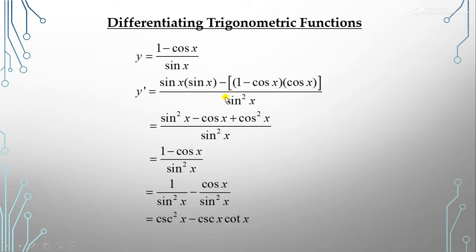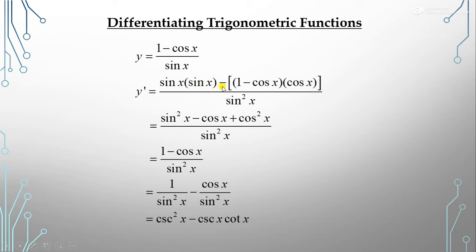The denominator is squared, so it becomes sin square x, and in the numerator, the denominator as it is, sin x, times the differentiation of the numerator. What is the differentiation? The differentiation of the constant is 0 and the derivative of cos x is minus sin x, so this becomes minus minus plus, so it becomes sin x.